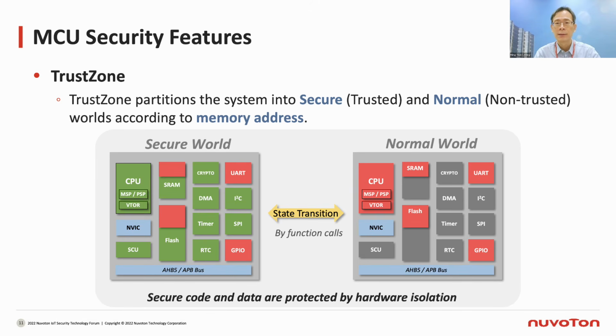TrustZone ensures that non-secure processors cannot access secure code and data through the internal path. With this hardware isolation, the code and the data in the secure world will not be leaked or tampered with, even if non-secure code is compromised.